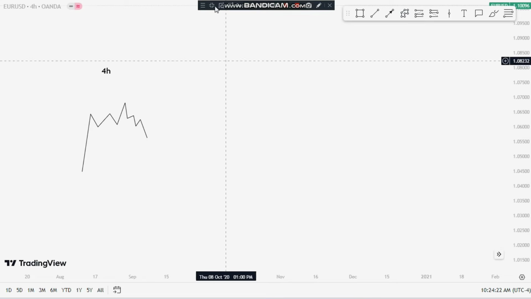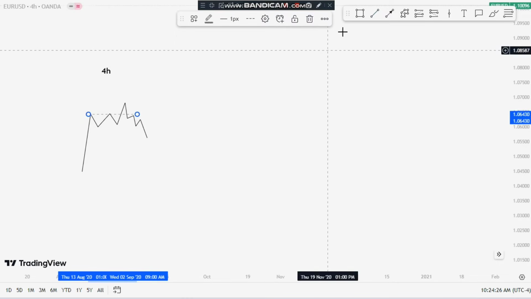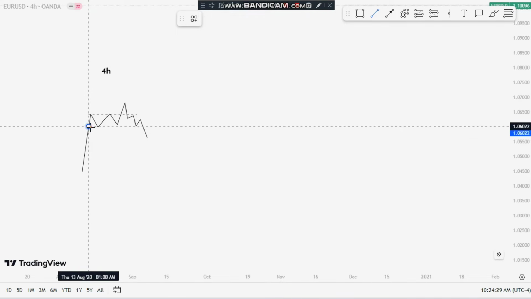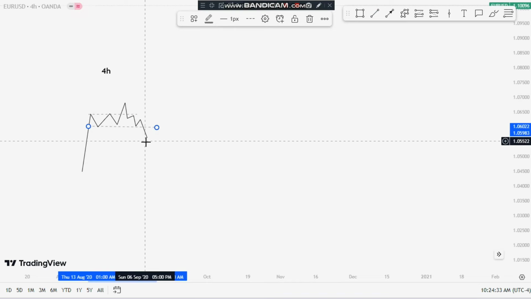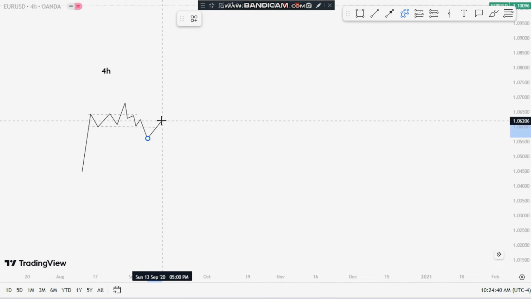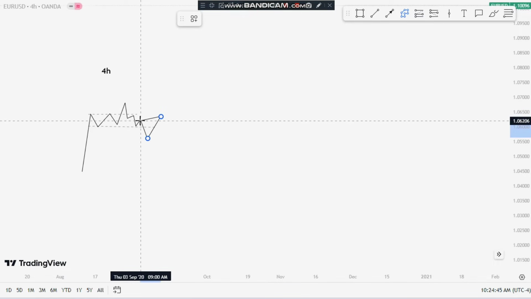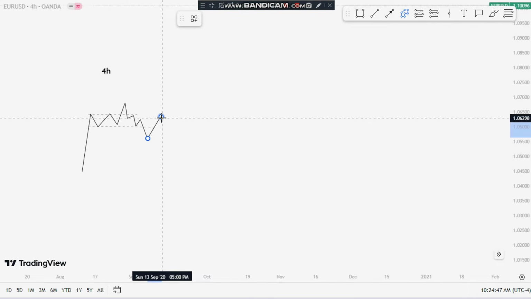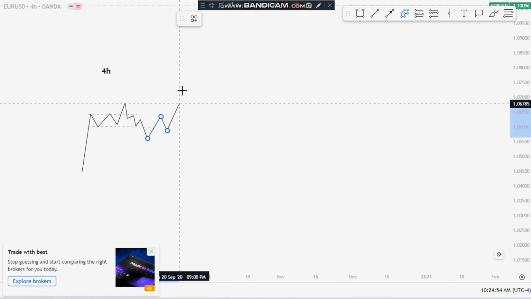Here you get the sweep of these highs, a higher high, then you get the sweep of these lows. Then it suddenly pumps and closes above here. Once it closes above this point, this is your confirmation that the price will retest the 0.5 fib level, and it will pump.